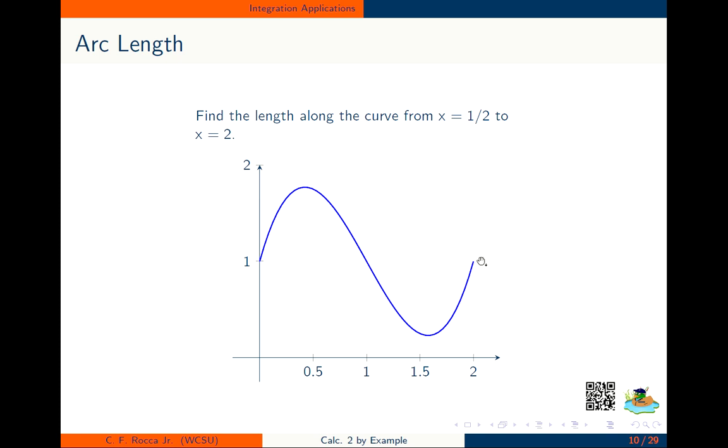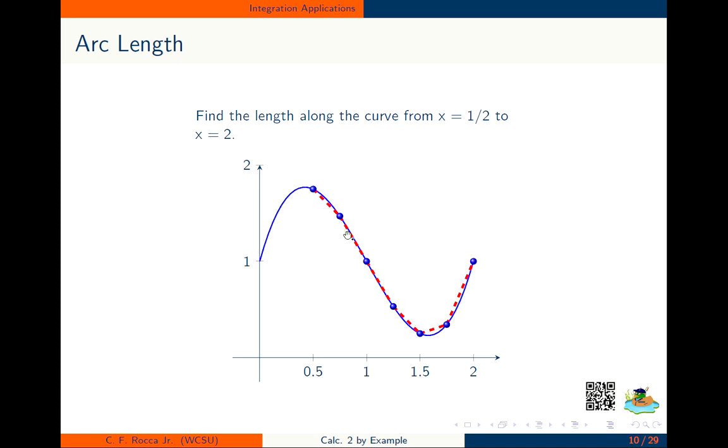Just like with everything else in calculus, we're going to find this value by starting with an approximation. We don't know yet how to find the length along a curve, but we know how to find straight line distances. So we break this curve into a number of straight lines.